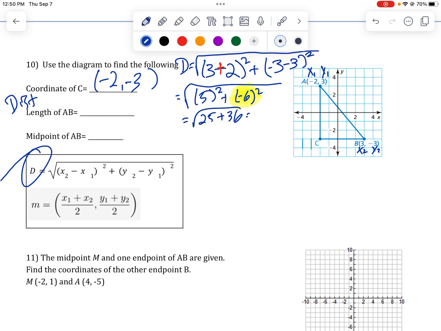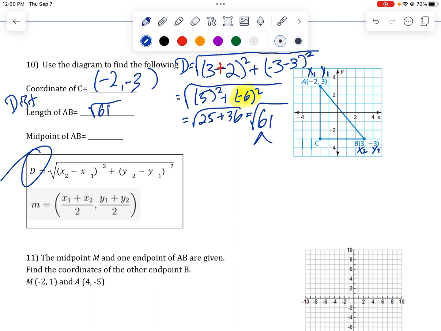Because when I don't use parentheses, it'll do 6 squared, then multiply it by -1, and I would get -36. Know that if you're doing this problem and your answer is negative, then you need to go back and check your work because you did something wrong. Okay, you should not have a negative distance. The length of a segment cannot be negative.